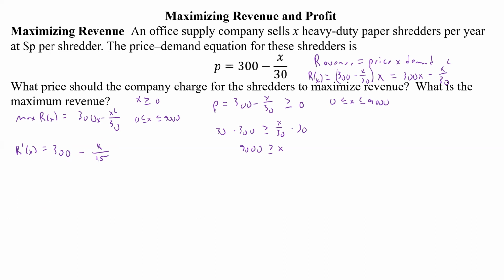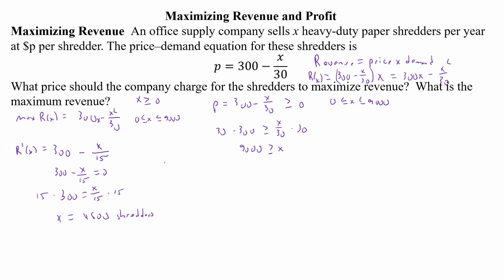Now we do like we did before and set that equal to 0. So 300 minus x over 15 equals 0. So 300 equals x over 15, multiplied by 15. So x is going to be equal to 4,500. And x again is the number of shredders, so it's 4,500 shredders.